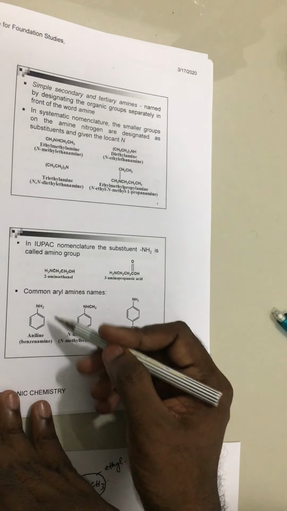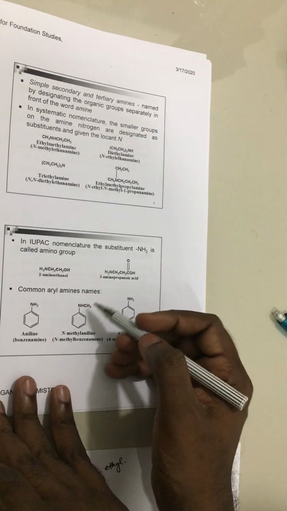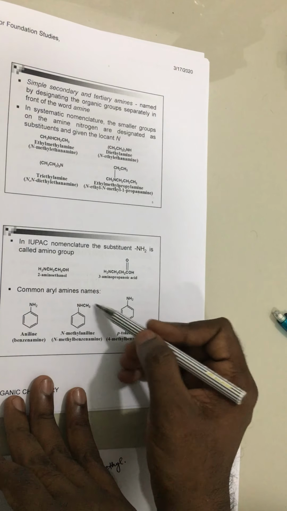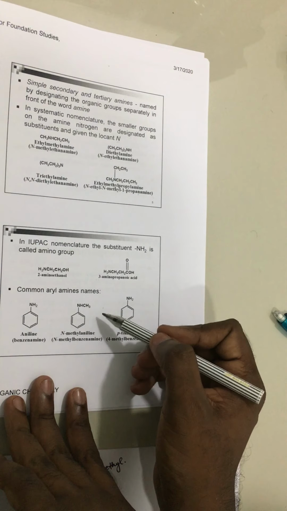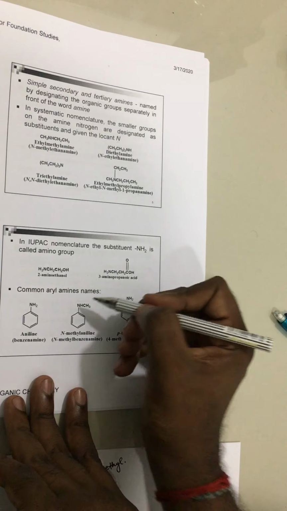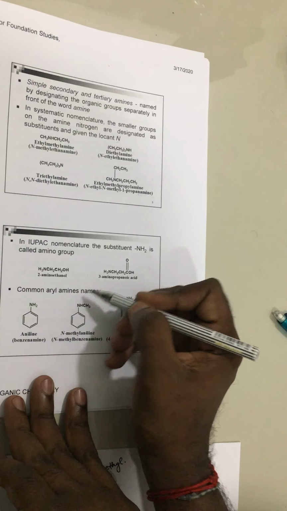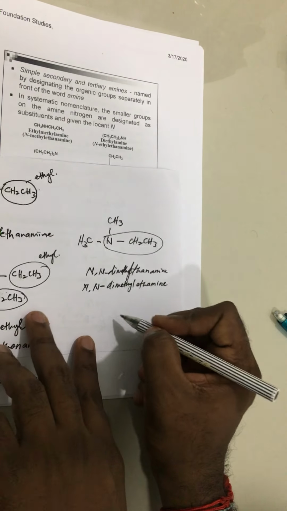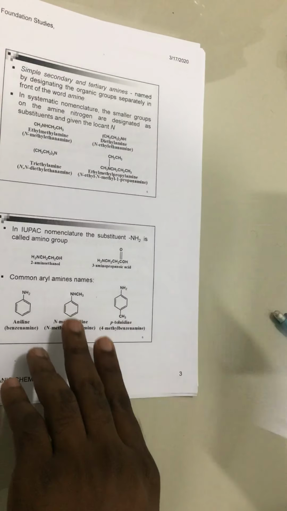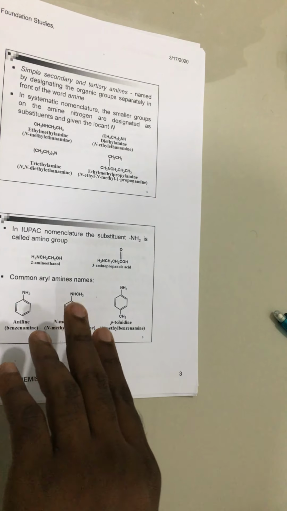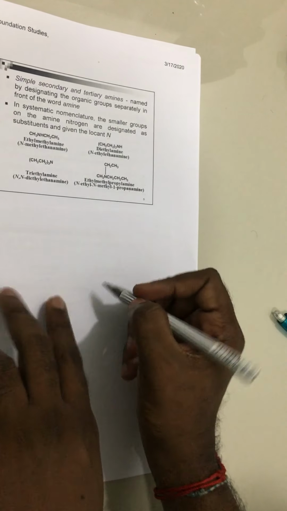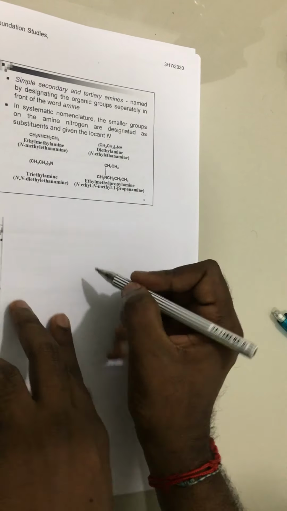And then for aryl, I think you can recall this structure from your benzene chapter. It's benzenamine or aniline, and this is known as N-methylaniline, or N-methylbenzenamine. Why? Because at N here, maybe I just draw it back. Just a benzene ring.